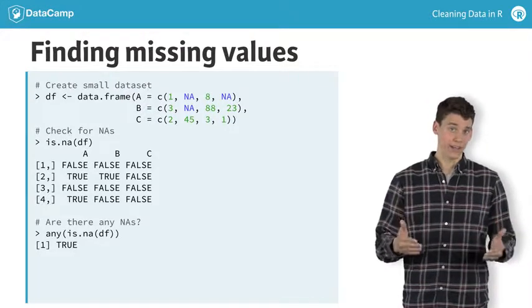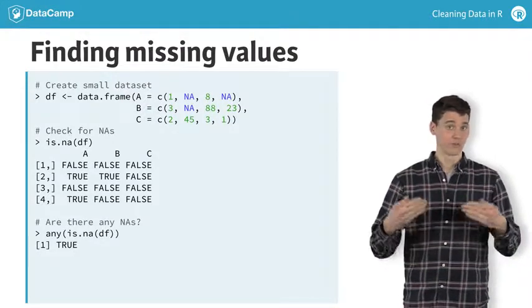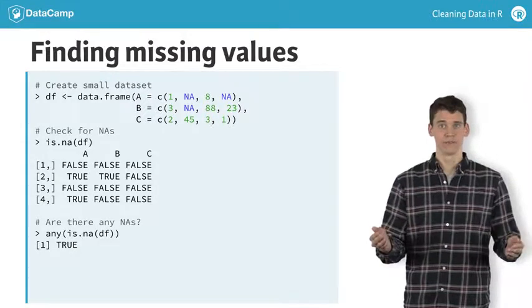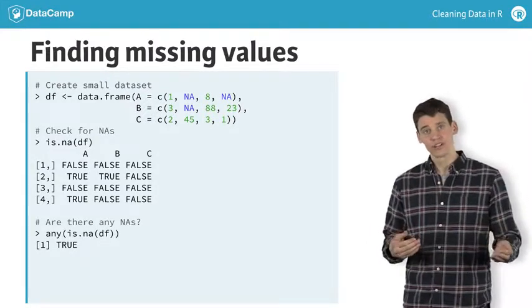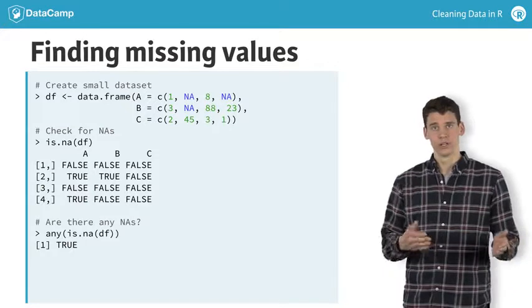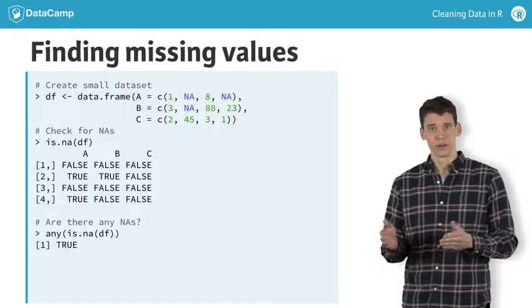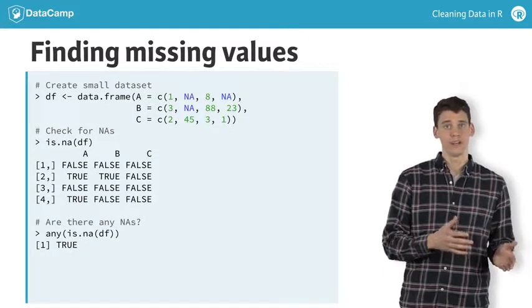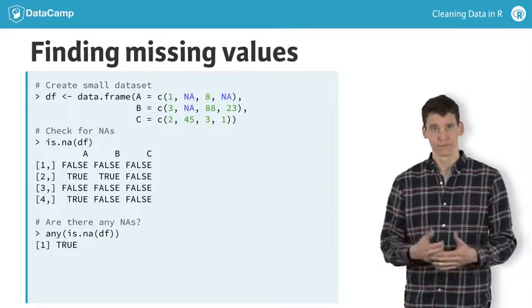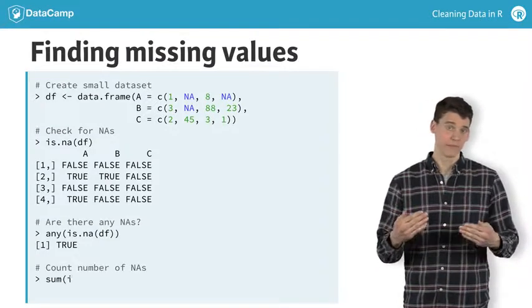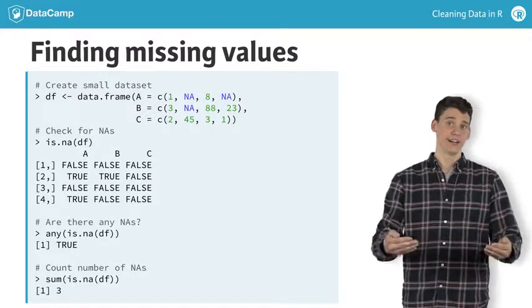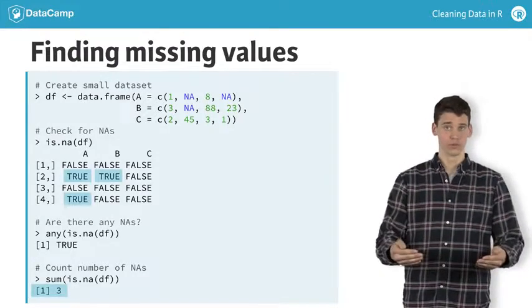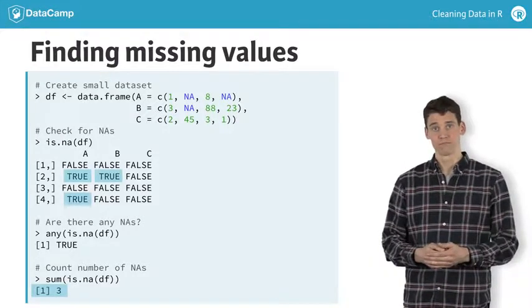Once we know there are NAs, a very natural follow-up question is, how many? As you saw in the last chapter, under the hood, TRUE and FALSE are represented numerically with 1 and 0 respectively. This allows us to sum the results from is.na(df) to count the number of TRUEs. In this case, it's 3.